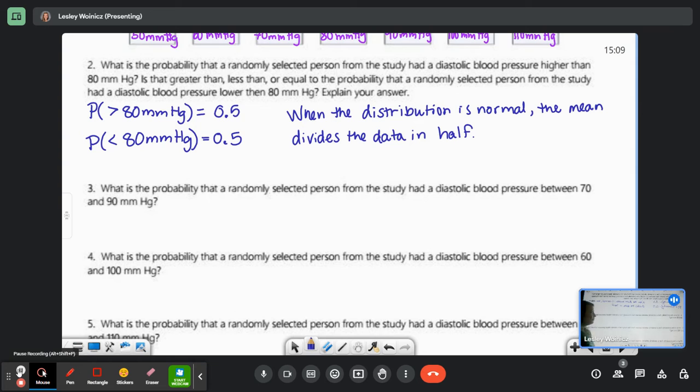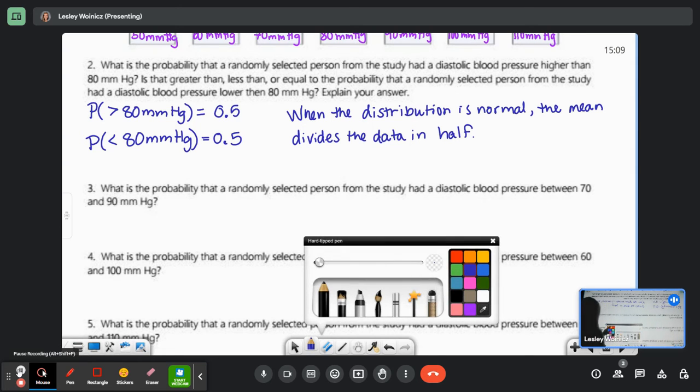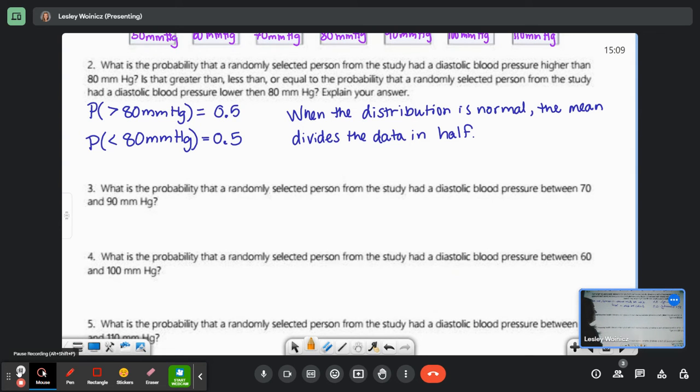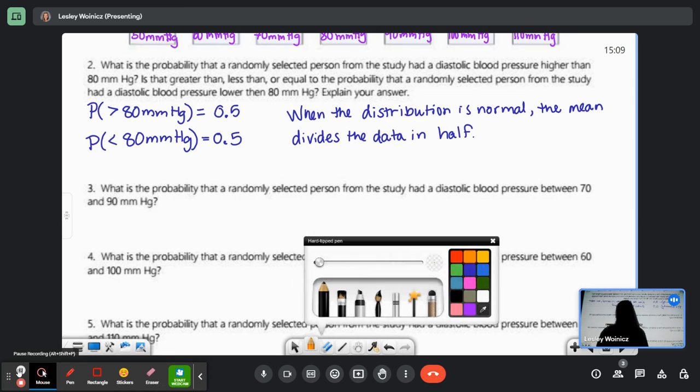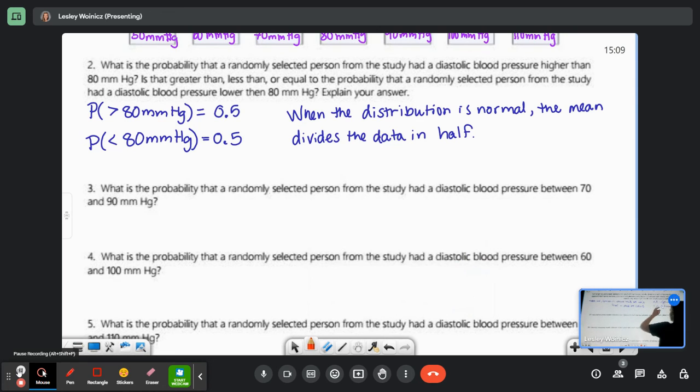Okay, what is the probability that a randomly selected person... It also asks for greater than, less than, or equal to. Oh, they are the same. That's what we forgot to say. The probability is the same.